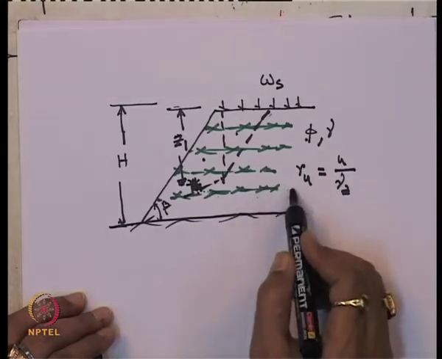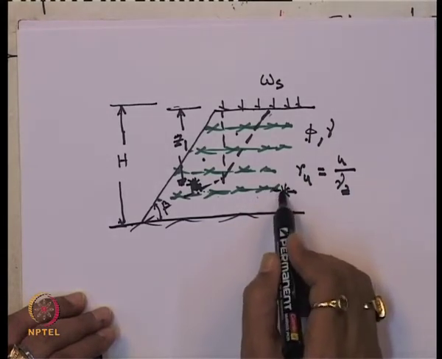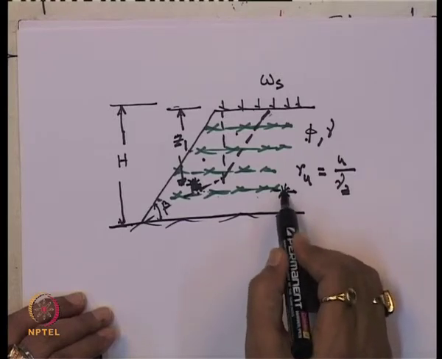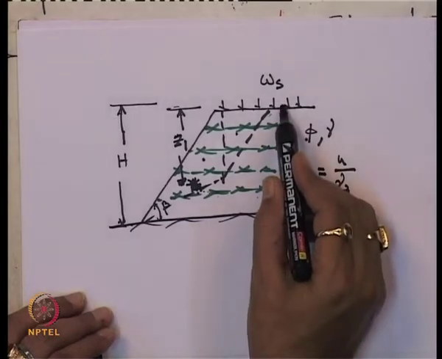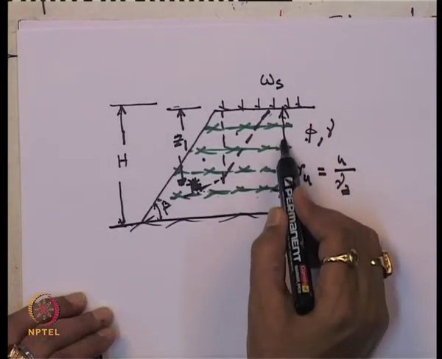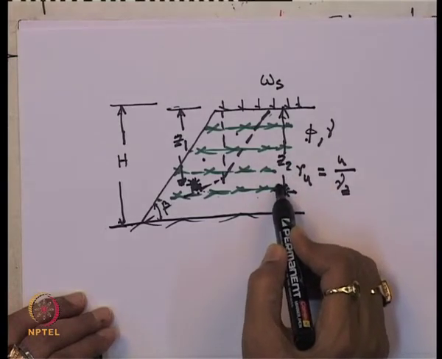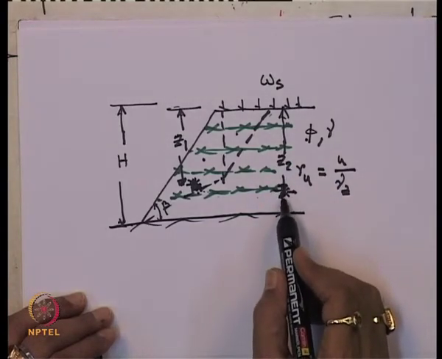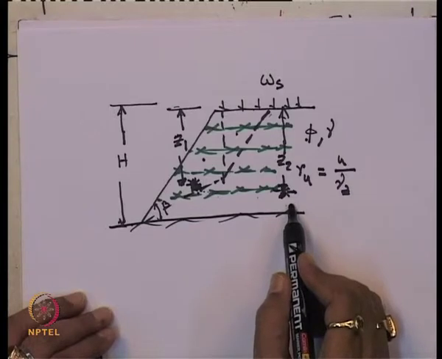For example, if you want to determine the pore water pressure here, let us say this is located at a depth of z2. So, r_u will be equal to u2 by gamma z2.